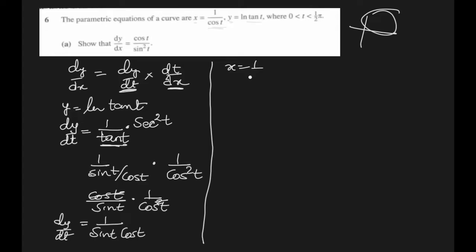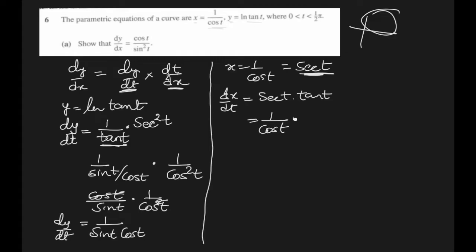Differentiating x equal to 1 over cos t with respect to t, dx over dt will be, first of all, I can write this as secant t. This 1 over cos t is secant t, and differentiating secant t will be secant t tan t. Again, I want to convert it to cos and sine, so it will be 1 over cos t, secant t, and tan t will be sine over cos t. This simplified form will be sine t over cos square t.